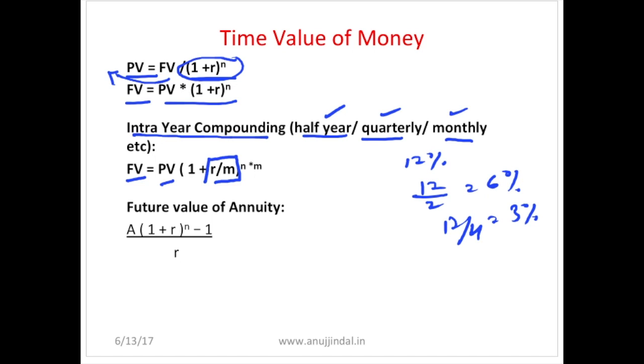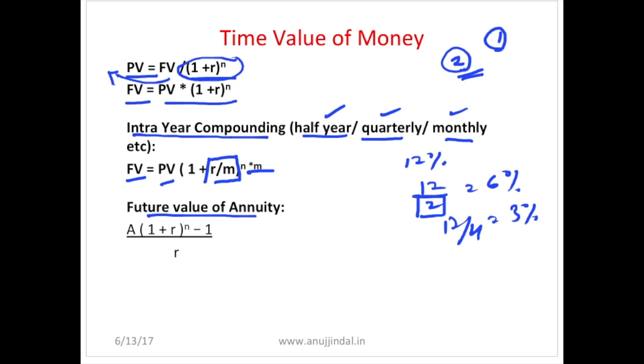This is how you reduce the value of R, but you multiply the value of N by M. So if it is half yearly, then N becomes 2 rather than 1, which would be yearly. N becomes 2 because you multiply it by 2, whereas you divide R by 2. So you divide R, but you multiply N, the number of years, in order to find out the future value.